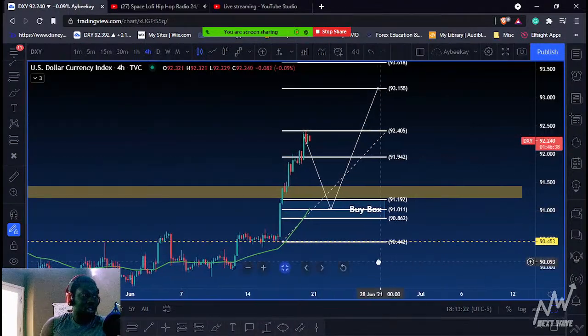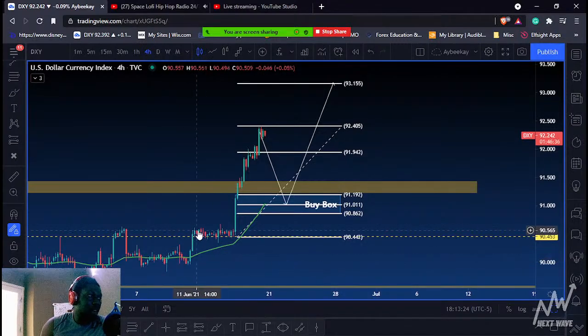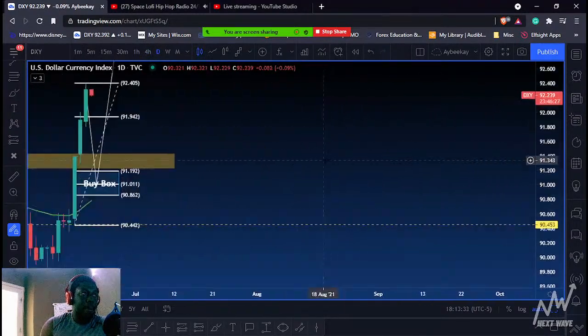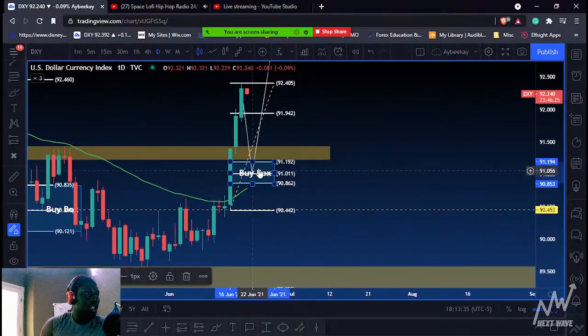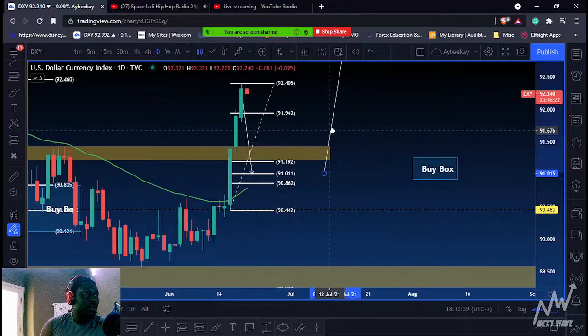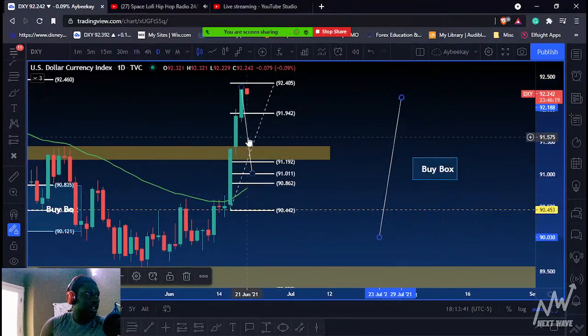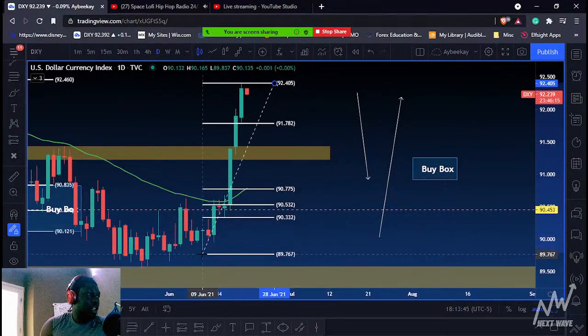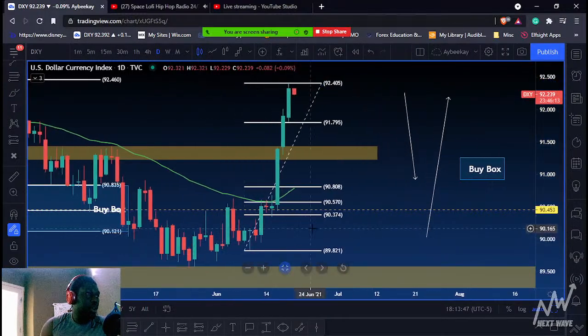But I also am like, well, we never got a proper retracement down over here. And if I go onto the daily time frame, let me go ahead and move this over to the side, because I'm still going to use those. I could still say that, okay, this is where the bullish trend really started.